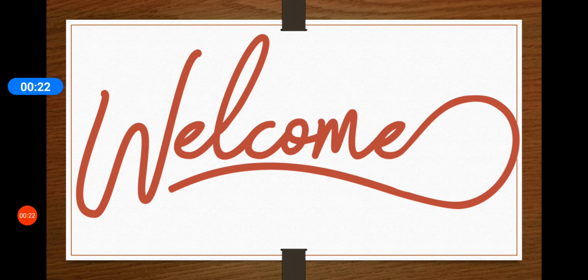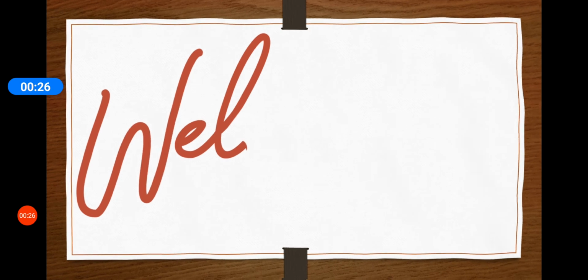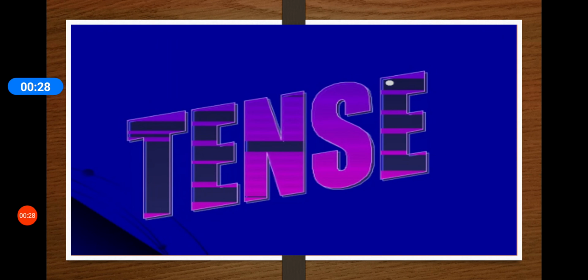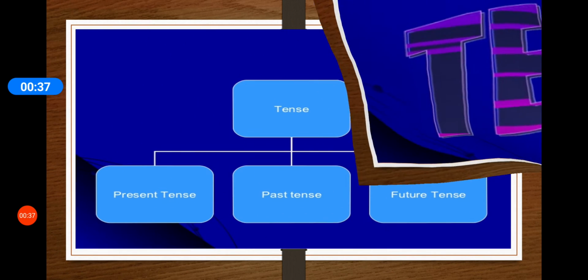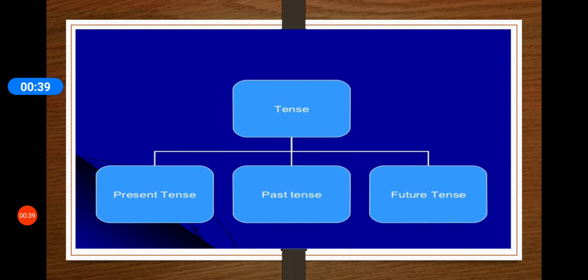Students, in the previous session, we had started the topic tense. Yes, I hope you remember that. We had learned that tense can be classified into present tense, past tense and future tense depending upon the time of the action.